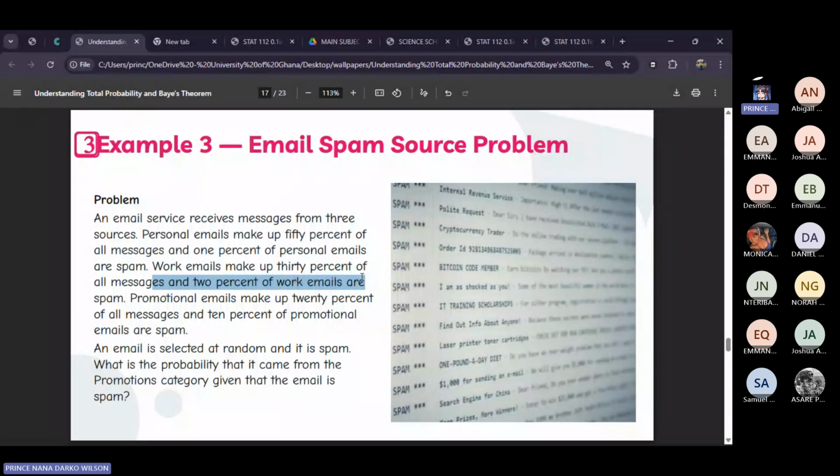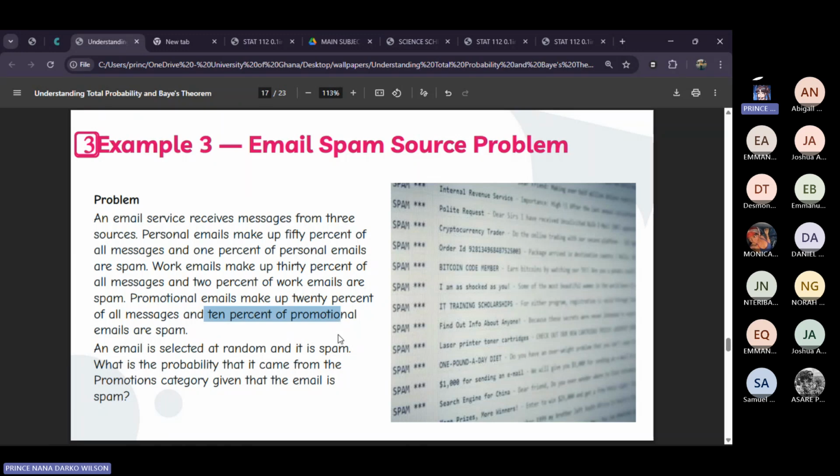So the probability of spam given a work email is 2%. And promotional emails make up 20% of all the messages, and 10% of those promotional emails are spam. So the probability of spam given that it's promotional is 10%.